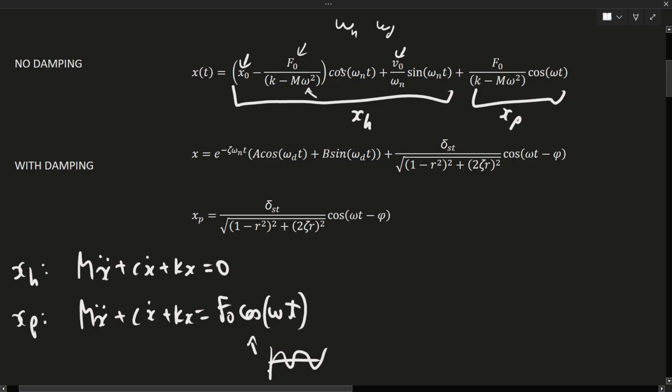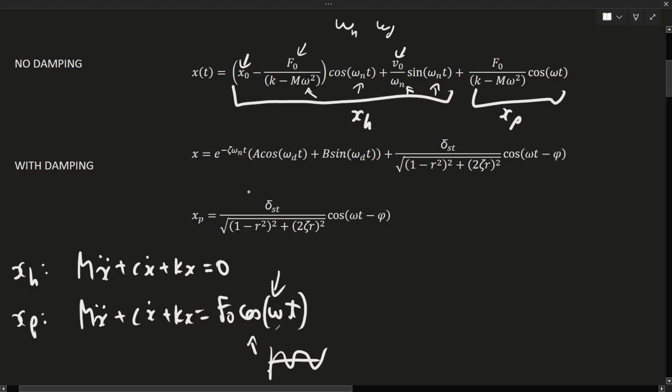What it's talking about is the frequency of the force that's being applied. If it's omega d, it's talking about the damped response of the system. If there's no subscript, it's talking about this omega over here, the force's frequency, okay? Then you have the natural frequency here, natural frequency there, and this is the same thing, all right?